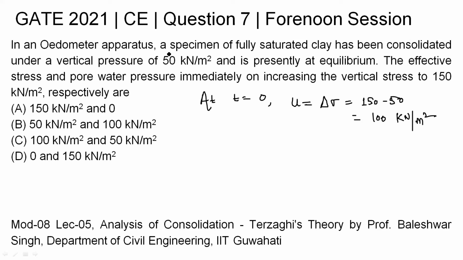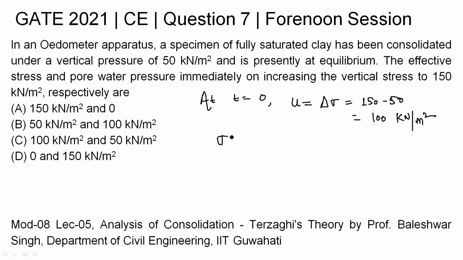Initially the soil was subjected to 50 kilonewton per meter square, and the stress increases to 150, that is incremental load is 150 minus 50. So we can say the incremental vertical stress is 100 kilonewton per meter square. So immediately, that is at time t equal to 0, the pore water pressure becomes 100 kilonewton per meter square. Now what will be the value of effective stress?